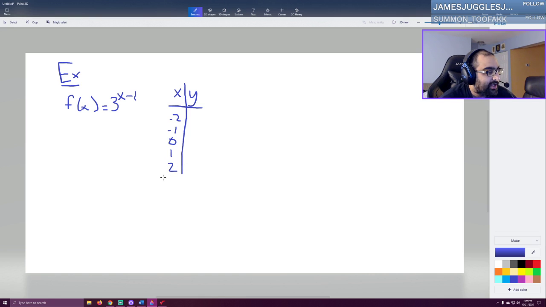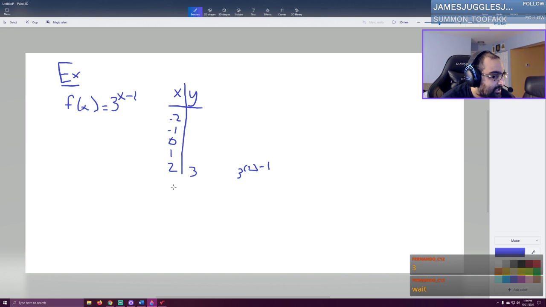I'm going to start at 2 and work my way backwards. So how about 2 here? If we plugged in 2 into this function, what would we get? What would 3 to the 2 minus 1 be equal to? 3. That's correct.